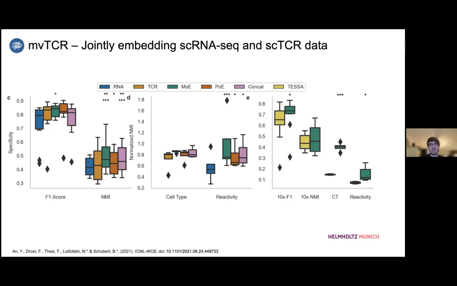Here again, we used their distance matrices to do k-nearest neighbor embeddings to see whether they can conserve specificity in their space. And it seems that our model does a better job than TESSA, not just in specificity, but also in conserving cell type clustering and reactivity clustering. So overall, it's a richer representation that allows us to represent the data more faithfully.